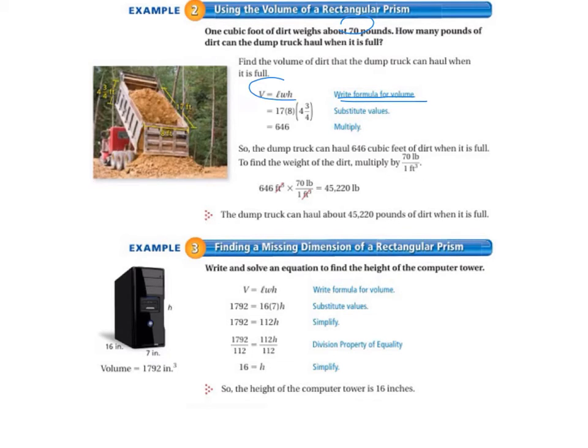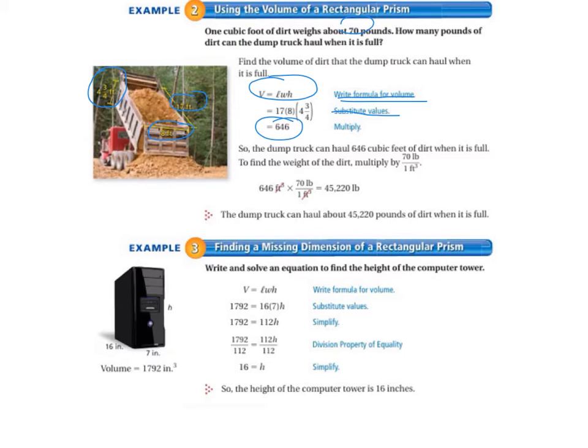So volume equals length times width times height. And it's a little hard to see in the picture, but the length of the truck is 17 feet. It is 8 feet wide, and it is 4 3/4 feet tall. So we substitute in those values and we multiply and we get 646.